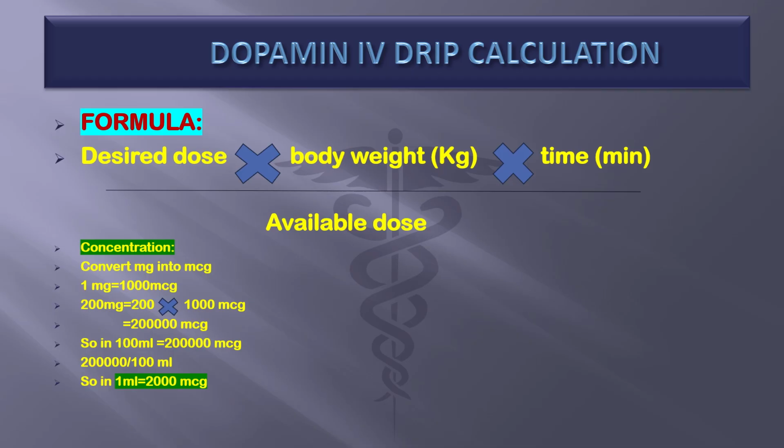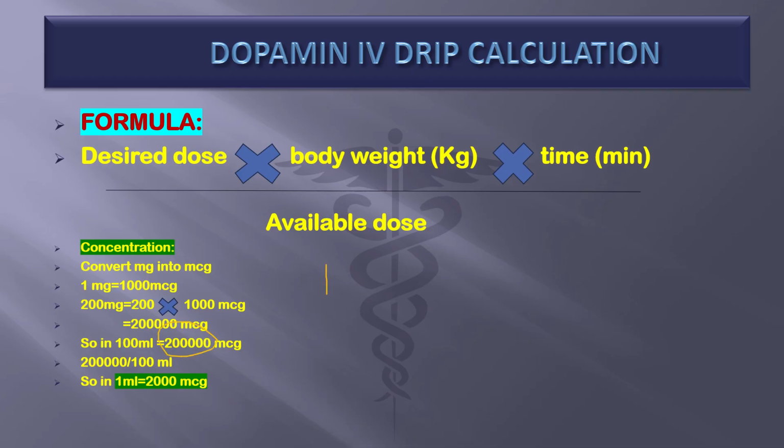Before that, what is very important is that you have the ordered dose in microgram. You have to convert the available dose from milligram into microgram to continue. So 1 mg, as we know, is 1000 microgram. So 200 mg will be 200,000 microgram. So in a 100 ml bag, how much microgram are you having? 200,000.